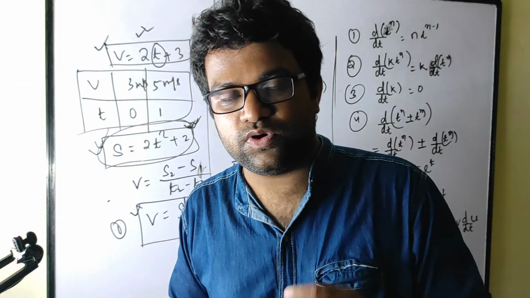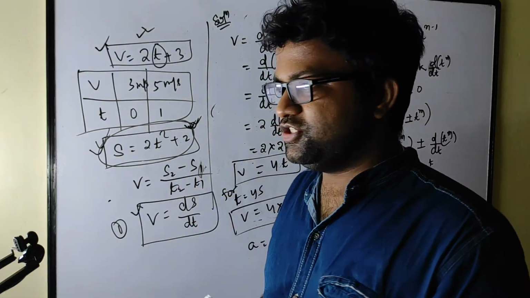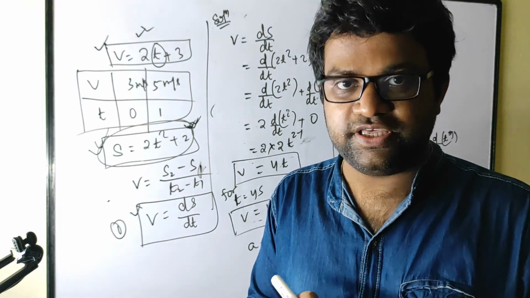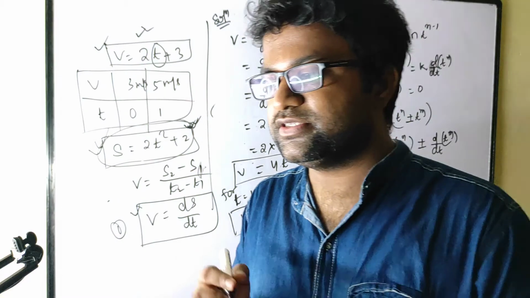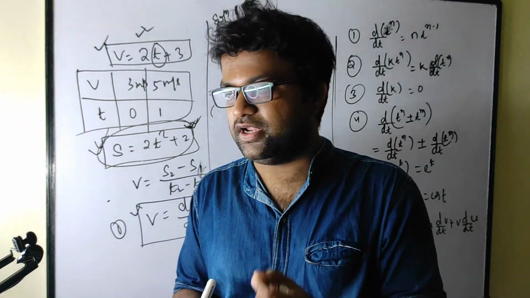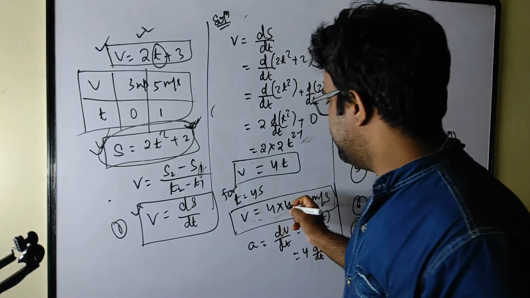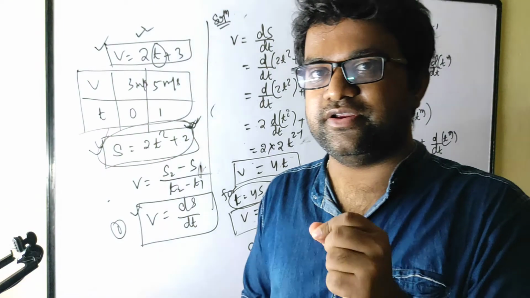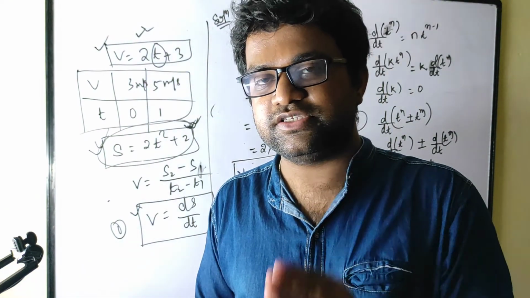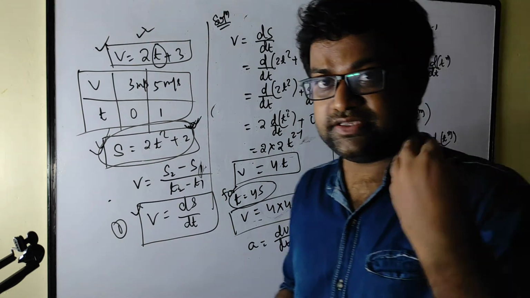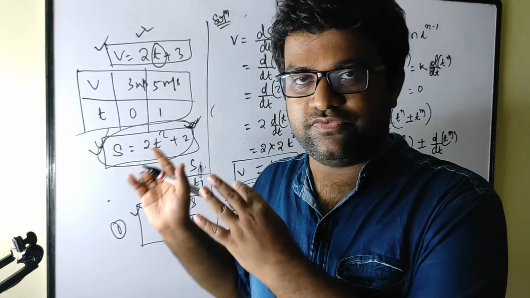Basically, we use differentiation to calculate the instantaneous velocity and instantaneous acceleration, that means the velocity or the acceleration at a particular instant. Here we calculated that at time 4 seconds, at a particular instant, what is the velocity and what is the acceleration. To address such types of problems we use differentiation.